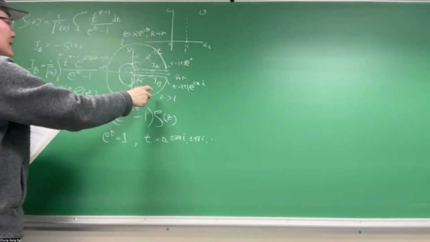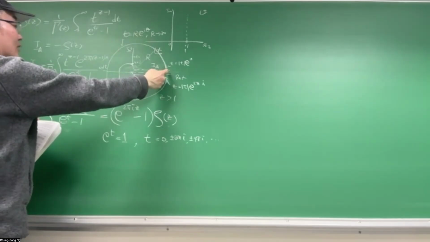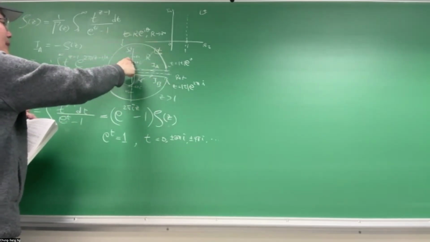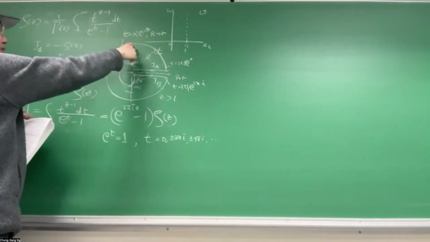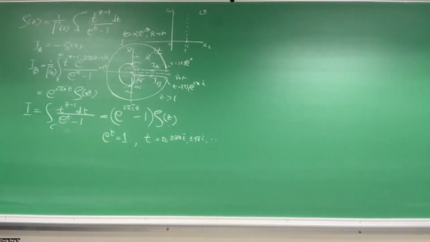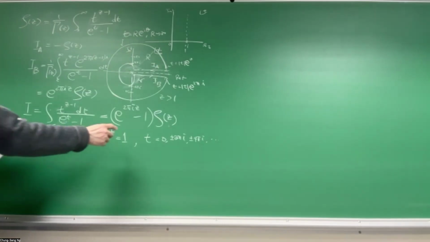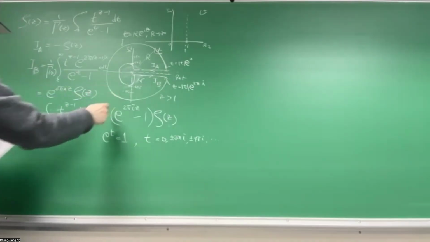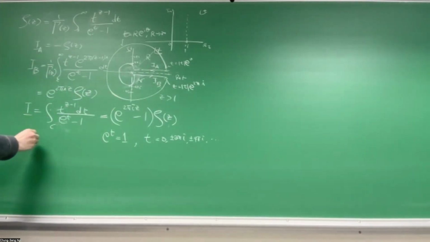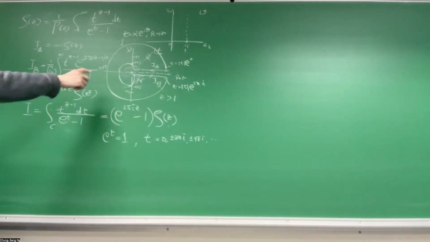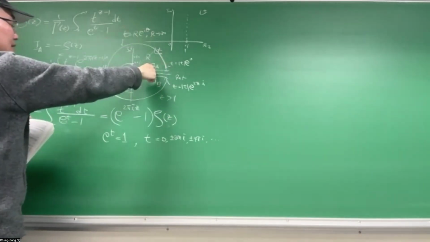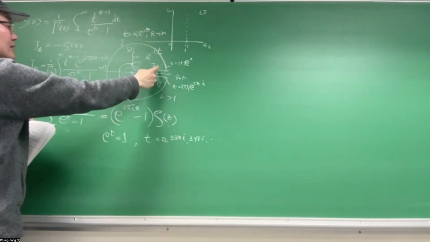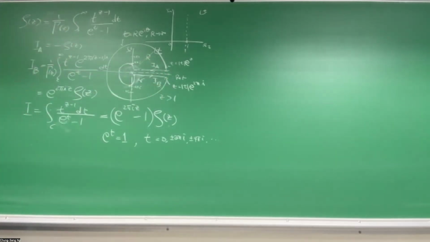So now the whole loop is given by the poles of the integral. This one plus this one is given by 2 pi i times the residue, but now this is in the negative sense, right?